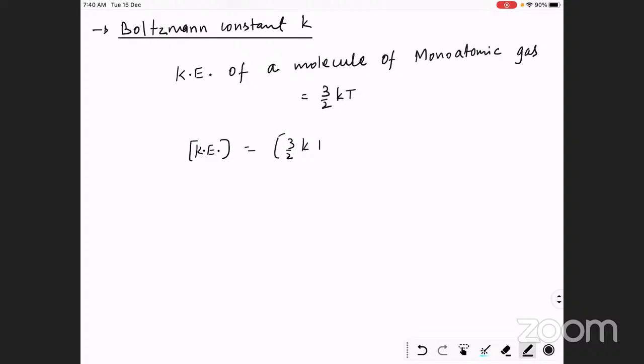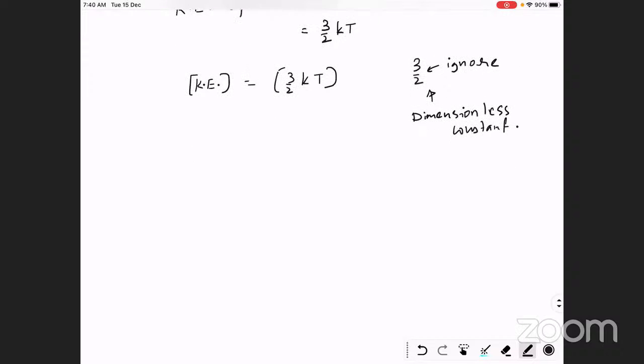So the kinetic energy of a molecule we represent by the Boltzmann constant. 3/2 is a dimensionless constant, so we can ignore it. At the place of kinetic energy, what can you write? ML2T^-2, am I right? 3/2 you can ignore. k is the Boltzmann constant, and for the temperature you write K, Kelvin.